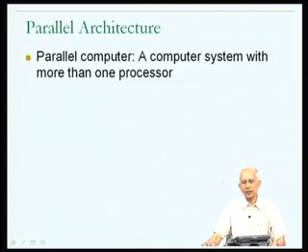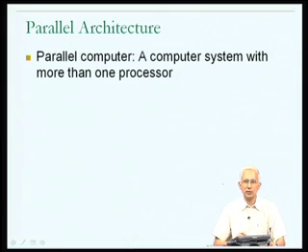Okay, now to start off with, I will clearly state that a parallel computer is any computer system which has more than one processor. It's important that we get this out into the open, because when we talked about ordinary computers where there was only one processor, there was the possibility of a lot of activity happening in parallel.